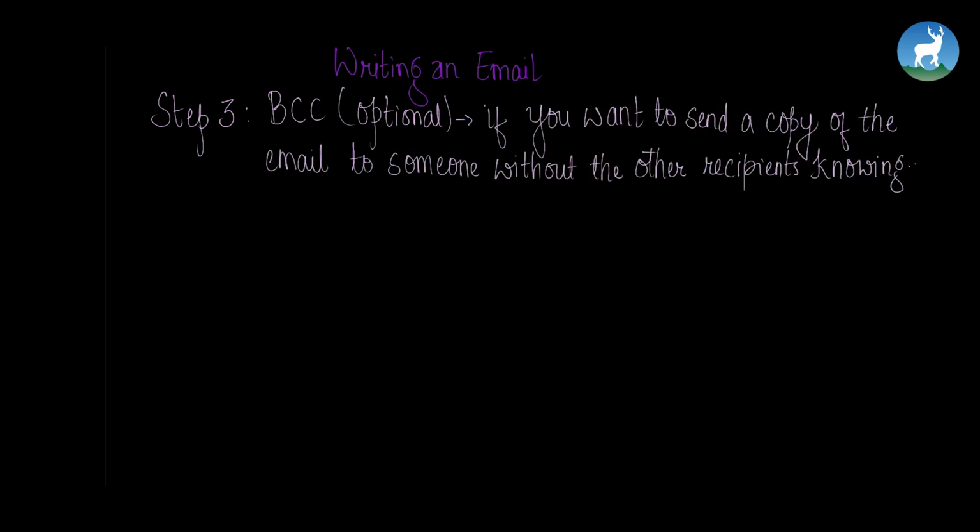For instance, you don't want to let any of the other people know that you have sent a copy of your email to someone else. So what do you do? You use BCC. If you use this option for writing down the email address, other people are not going to know who are the other people that you have sent the email to. BCC is known as blind carbon copy.